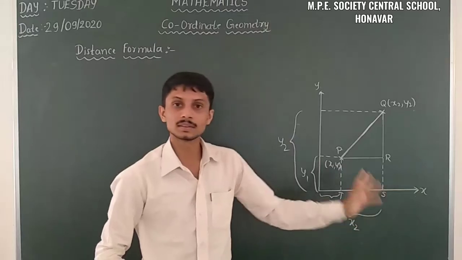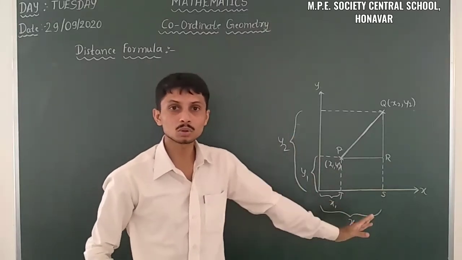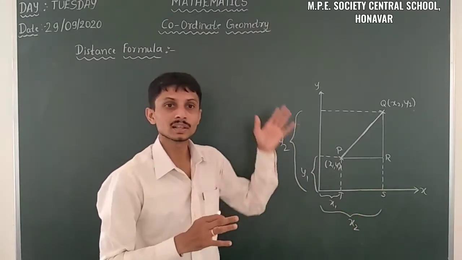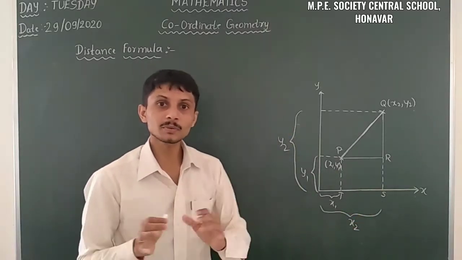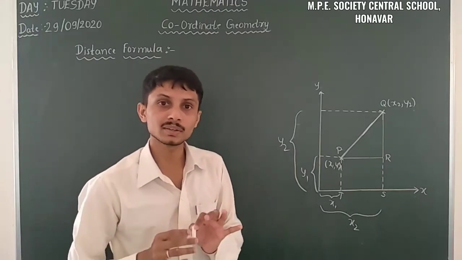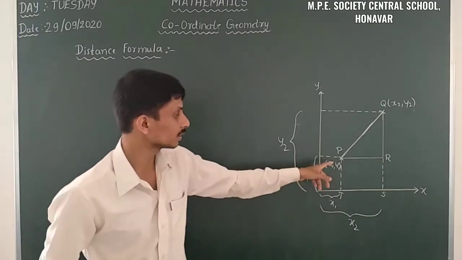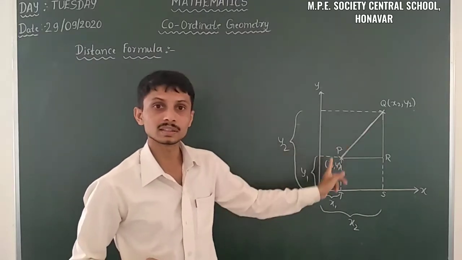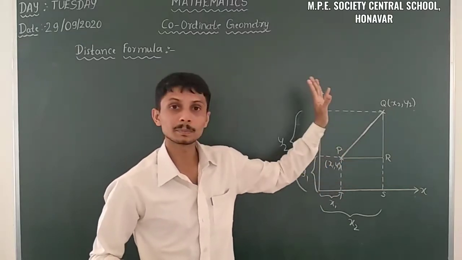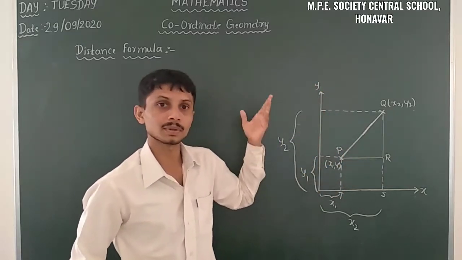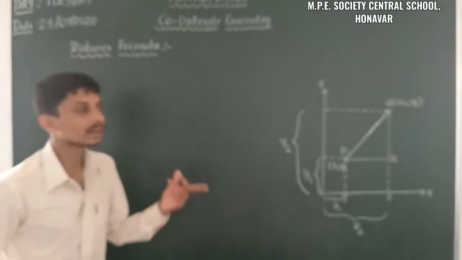From these known values, we have to derive the distance formula. Firstly, we have to write the given things. So what are the given things? Initially we considered two points P and Q on the Cartesian plane. So that one we have to write first.